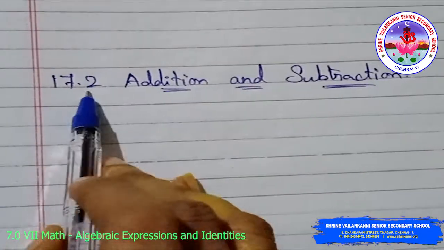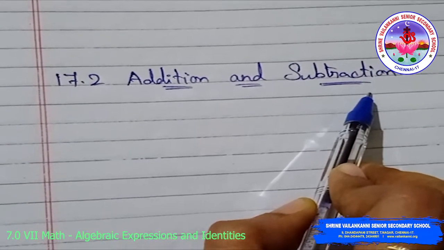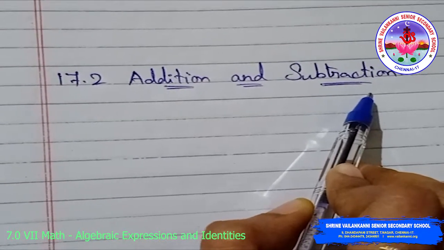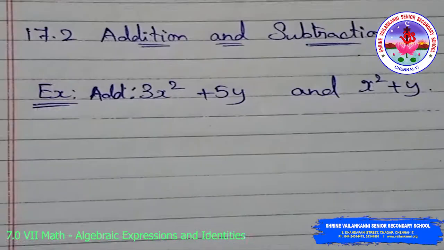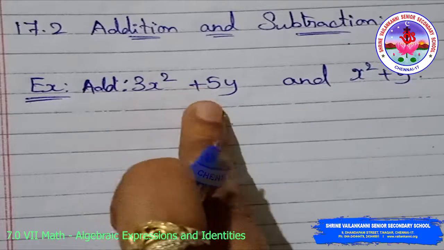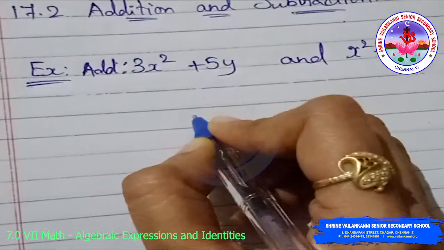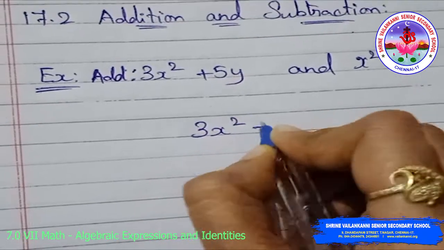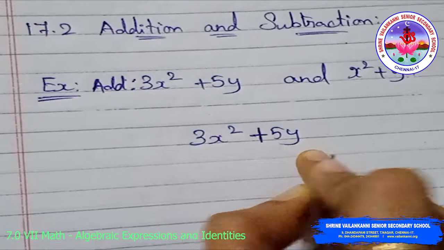This topic is 17.2, addition and subtraction. To add two or more algebraic expressions, group the like terms and add their coefficients. Example, add 3x squared plus 5y and x squared plus y. Write the first expression, 3x squared plus 5y. The second expression, x squared plus y.